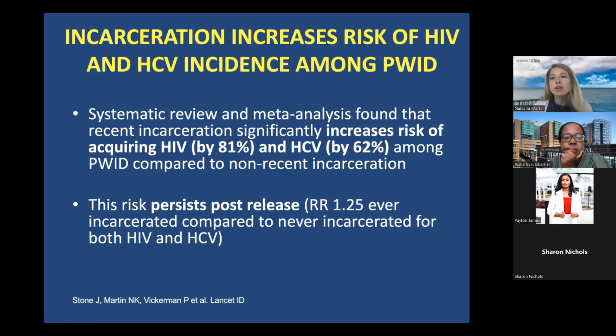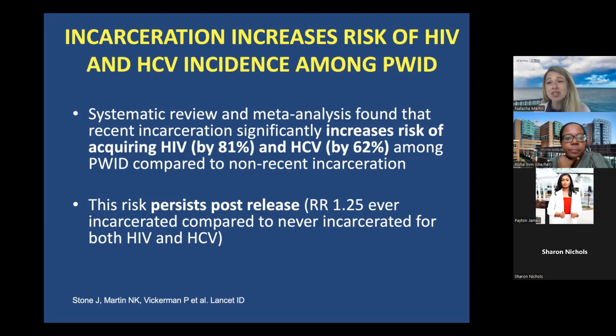And there was actually a global systematic review and meta-analysis by some colleagues of mine that was done a few years ago, published in Lancet Infectious Diseases. They looked at studies across multiple global settings, and then they pooled all the data together across these multiple cohorts. And they found that recent incarceration significantly increases the risk of acquiring HIV by about 80%, and hepatitis C virus by about 62% among people who inject drugs, compared to those who had been non-recently or never incarcerated.